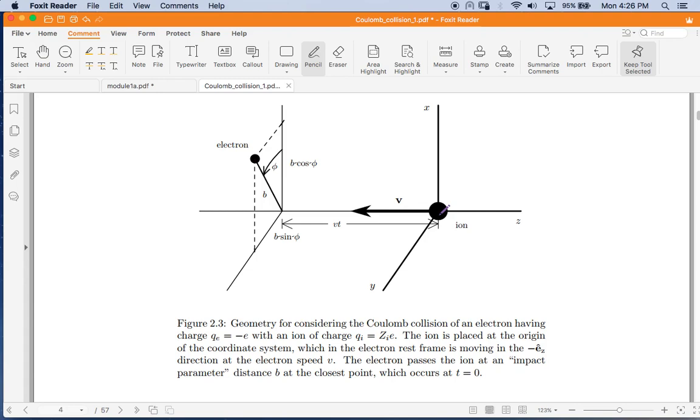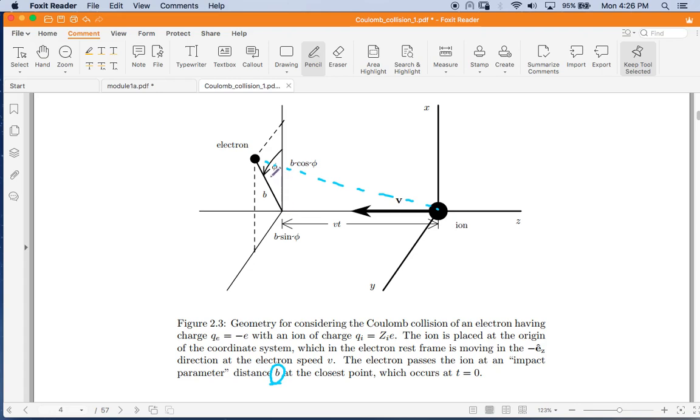And here is a very important quantity. It's called the impact parameter b. So the impact parameter is this quantity, this guy. Time t equals 0 refers to this point, where the distance between the electron and the ion is this. So the impact parameter is the distance of closest approach.